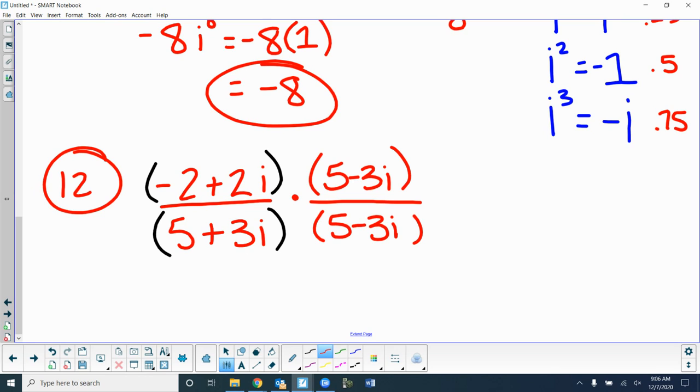So the top first is negative 10. Outside is a positive 6i, negative 2 times a negative 3. Inside is a positive 10i. And last is a negative 6i squared. I'm going to remember that's like negative 6 times negative 1. So I'm going to make it plus 6.